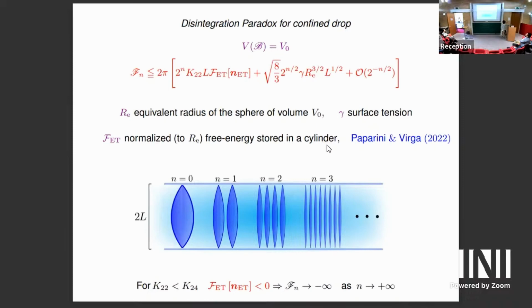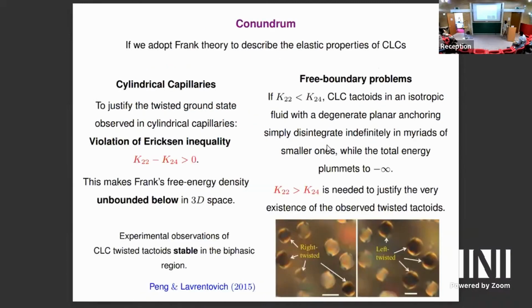And we also prove that a generic chromonic liquid crystal droplet can be split into unequal components in a way that reduces the total energy, and this proves the instability of every droplet against domain splitting. This prediction of the Frank theory is in sharp contrast with a wealth of experimental observations of chromonic liquid crystal tactoids, which are stable in the coexistence region.